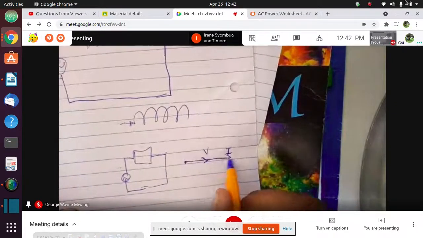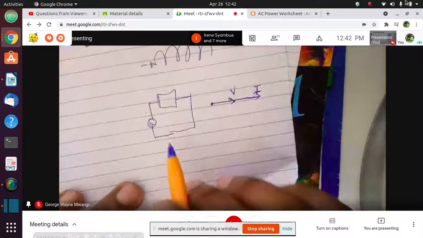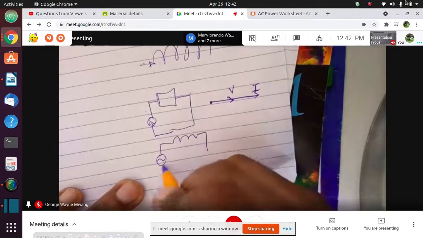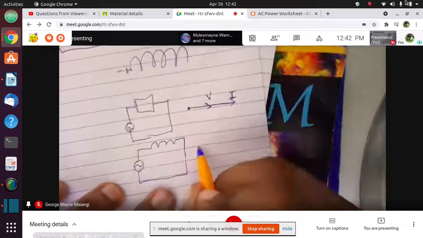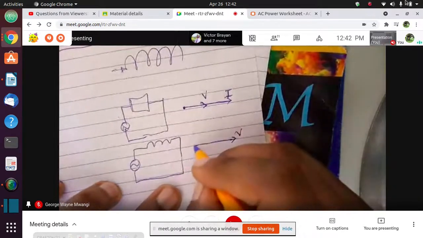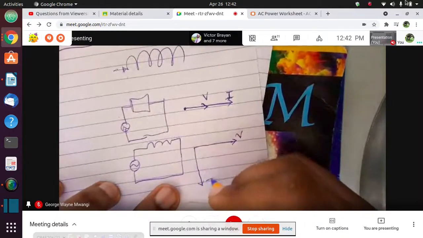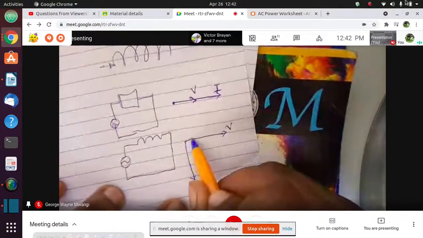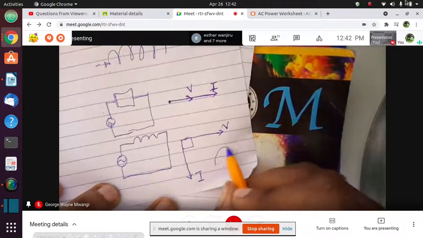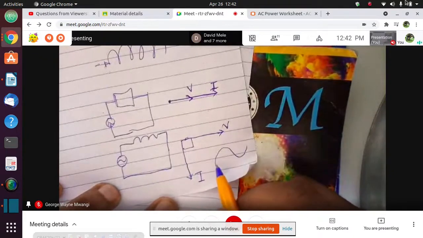They are in phase. But once you introduce an inductor, in a purely inductive circuit, you'll find that the current will be lagging the voltage by 90 degrees. The waveform of voltage is produced before the current.